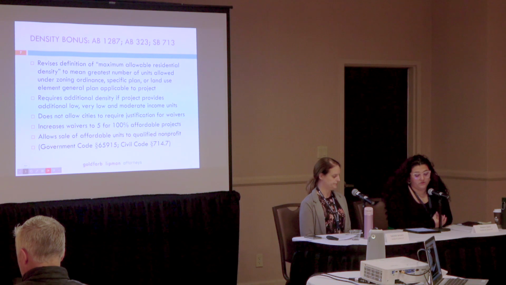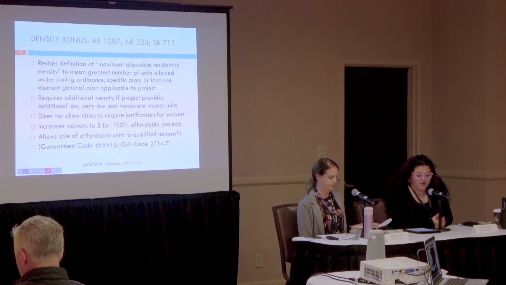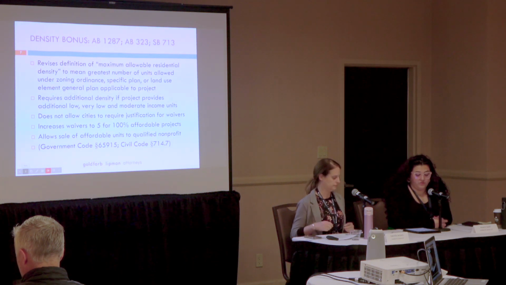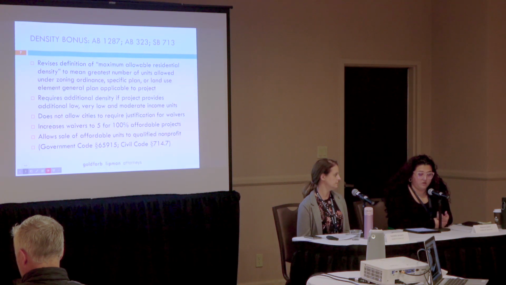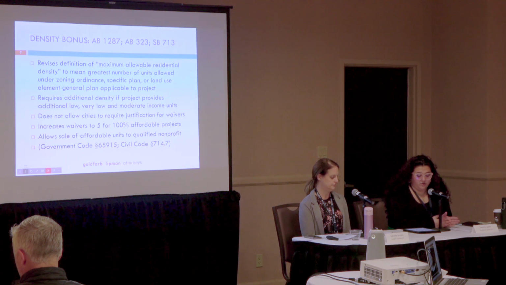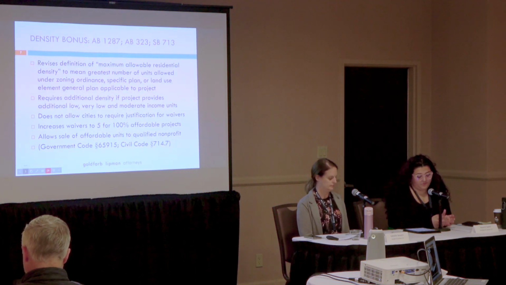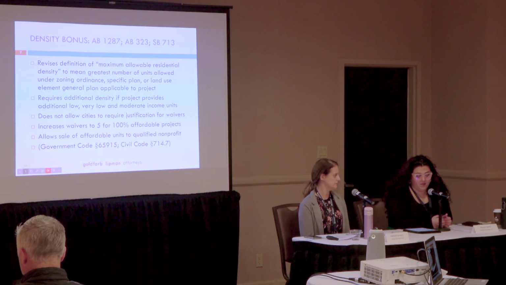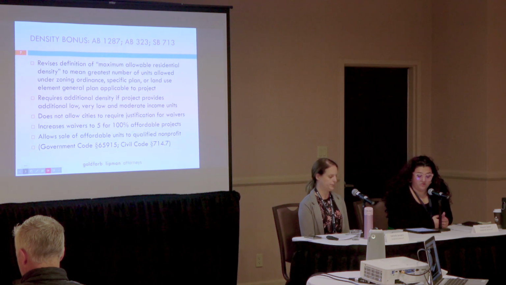The first is that it requires local jurisdictions to grant additional density where the housing development would restrict more than 50% of the total units to moderate income, lower income, or very low income, the applicant agrees to include additional rental or for sale units affordable to very low income or moderate income households, and the housing development does either of the following: it conforms to 65915(b)(1)(A) and provides 24% of the total units to lower income households, conforms to that same section and provides 15% of the total units to very low income households, or conforms to 65915(b)(1)(D) and provides 44% of the total units to moderate income households.